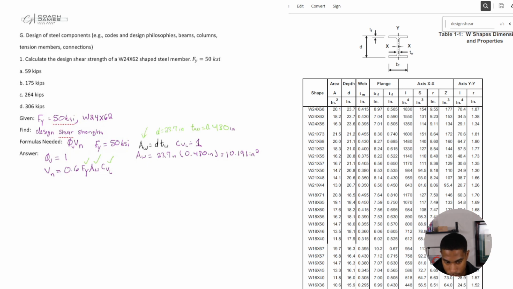All right. So phi sub v times vn is equal to 1, right? Where am I getting the 1?